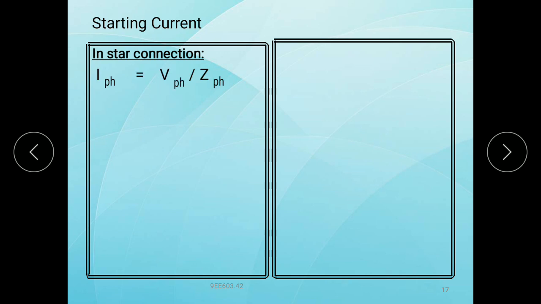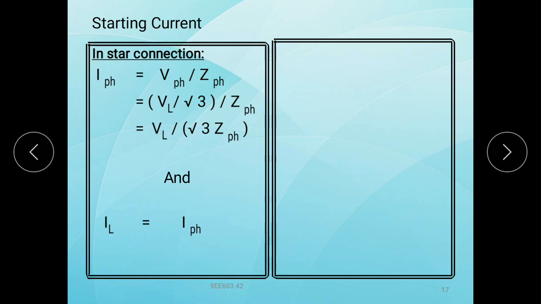In star connection, I phase is equal to V phase by Z phase, that is VL by root 3 by Z phase, and IL is equal to I phase.